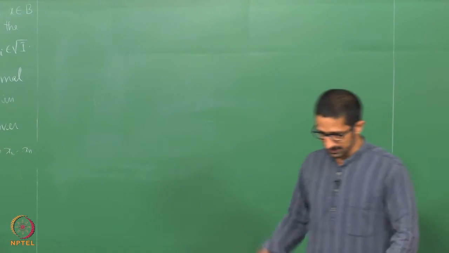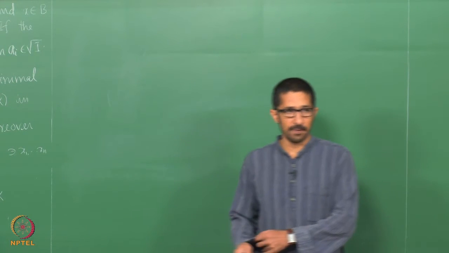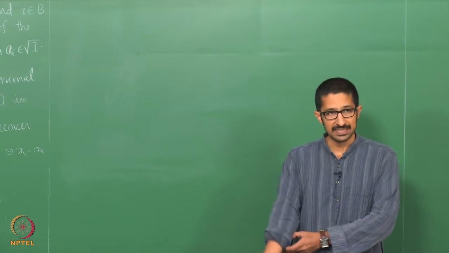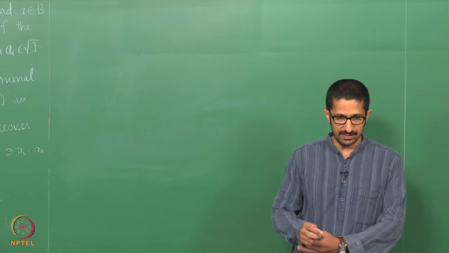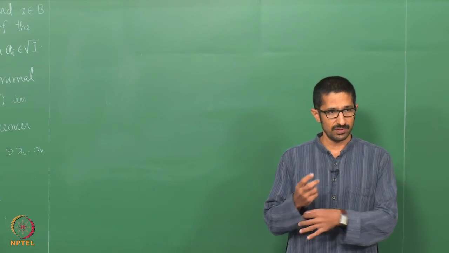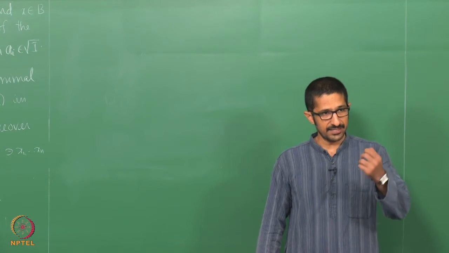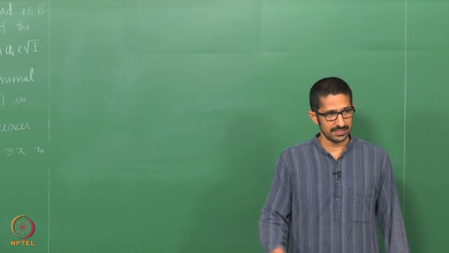So that completes the proof of the going down theorem. This was what was remaining. It would be a nice exercise to go through the proof again and try to write it down with all details.